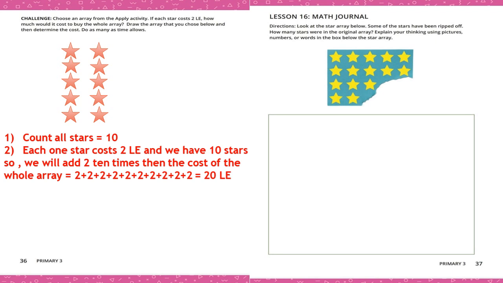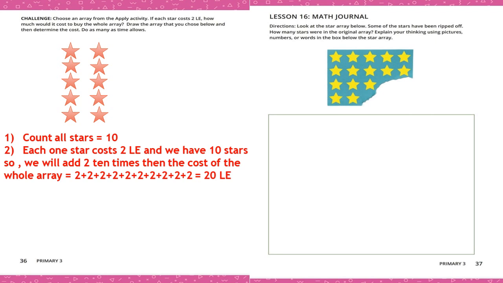Number 1, count all stars, we will find 10. Number 2, each star costs 2 LE, and we have 10 stars. So we will add 2 ten times.